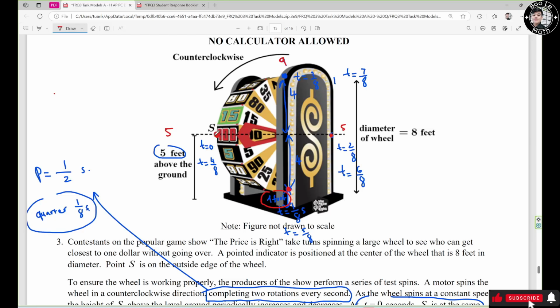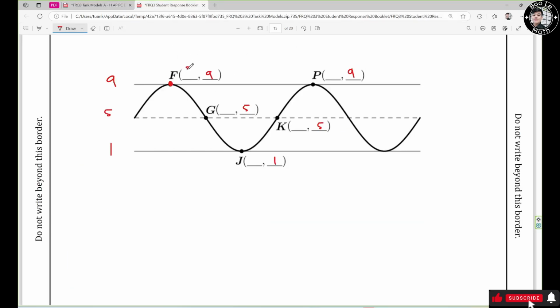So, next one, t equals 1 over 8. Point S goes to the minimum. Next one, t equals 2 over 8. Point S goes back to the midline. It's still not the highest point. And then the highest point right here, t equals 3 over 8. So you need to put 3 over 8 right here. Now you keep adding 1 over 8 each time.